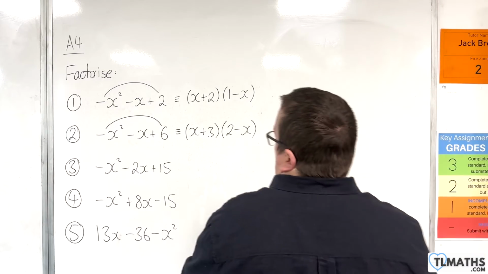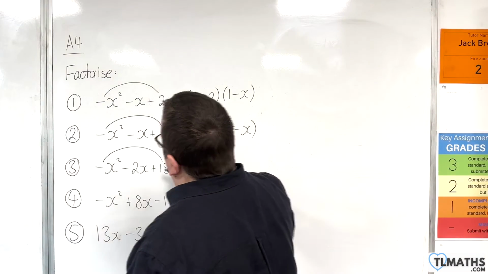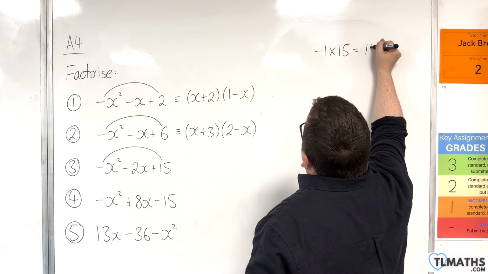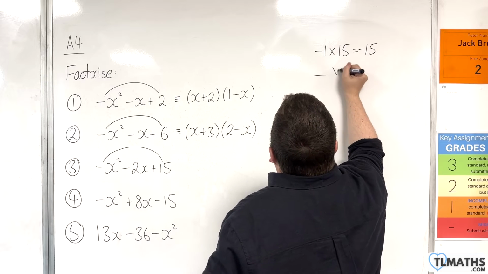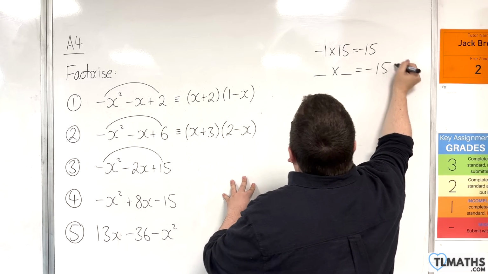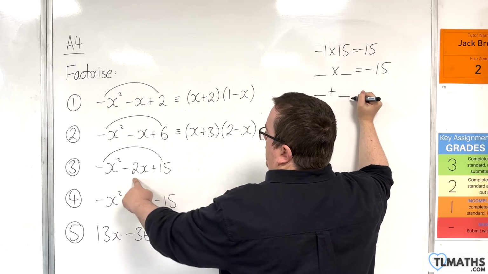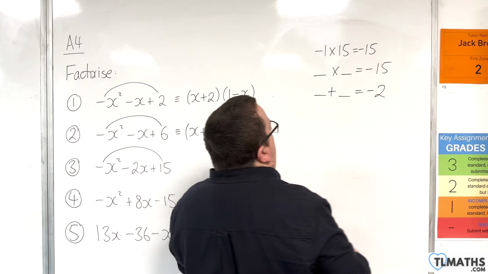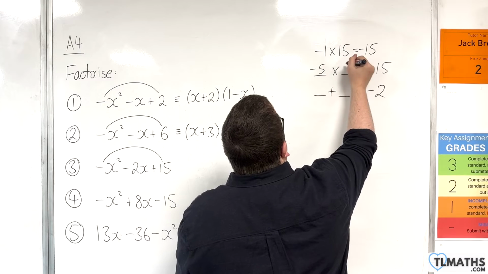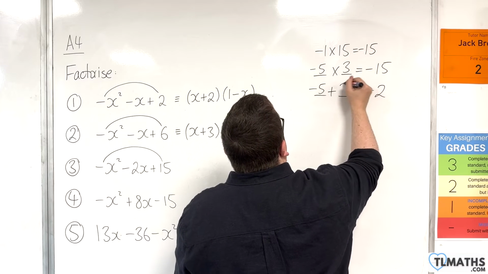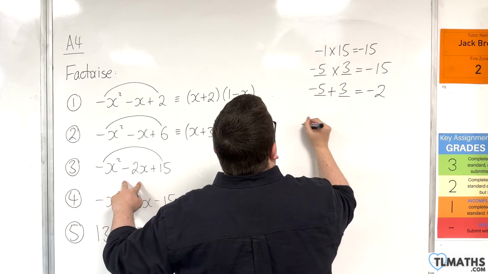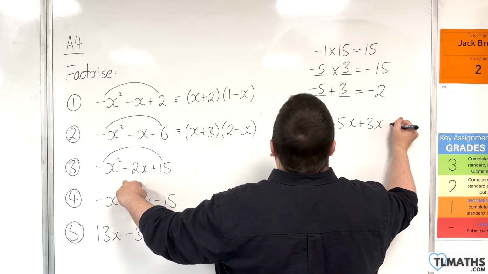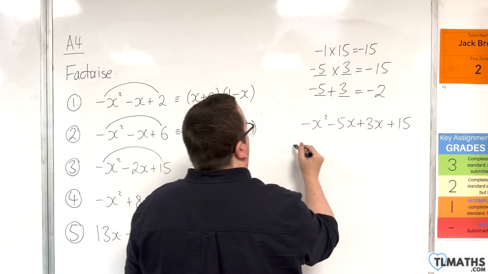Okay, number 3. First of all, minus 1 times the 15. So minus 15, so we're looking for two numbers that multiply together make minus 15, but add together to make minus 2. So that would be minus 5 and 3. So minus x squared minus 5x plus 3x plus 15.